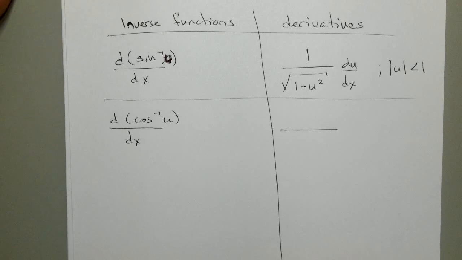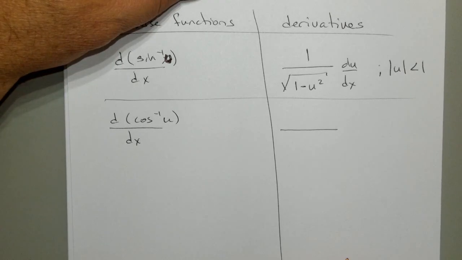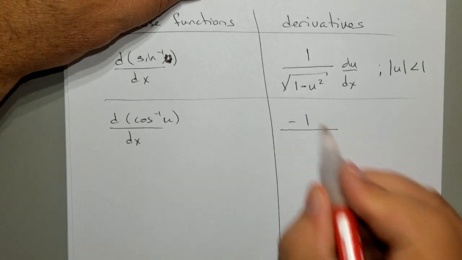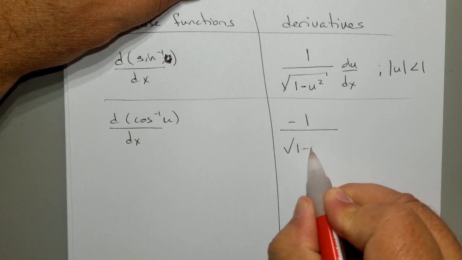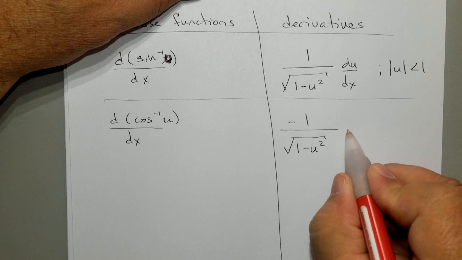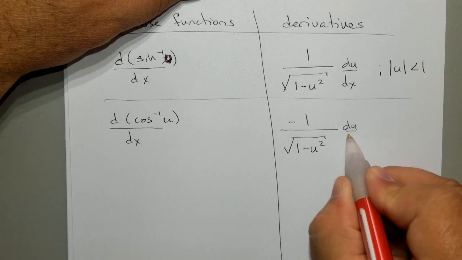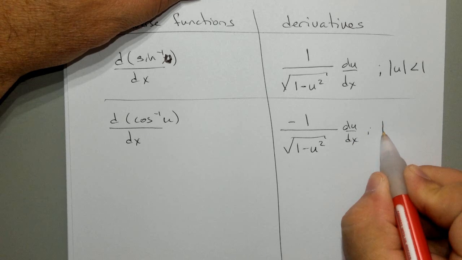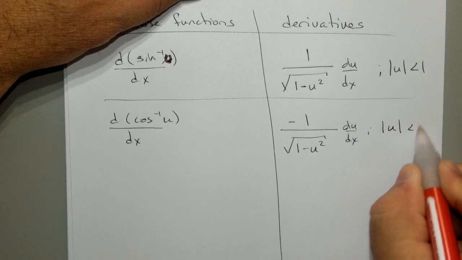The cosine was just the what to the sine? Negative of it. Negative 1 over radical 1 minus u squared du dx. And absolute value of u has to be less than 1.